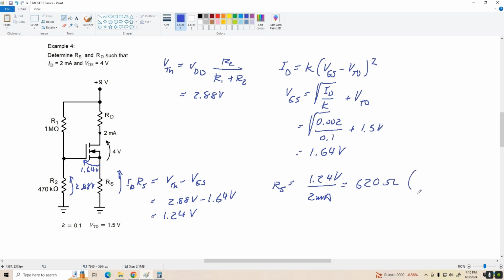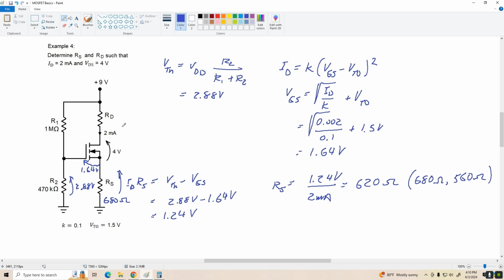The next closest values are what, 680 ohms or 560 ohms. Okay, so if I went with 680, I'd get a little less than 2 milliamps. If I go with 560, I'll get a little more than 2 milliamps. I'm going to go with 680. Okay, so let's set RS equal to 680 ohms. It'll give us slightly less than 2 milliamps.